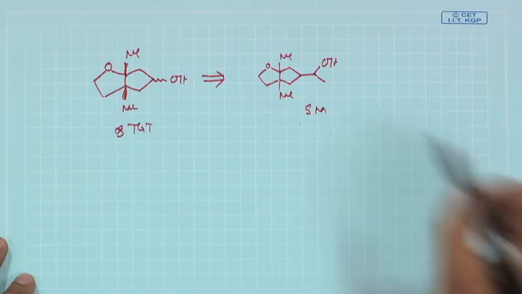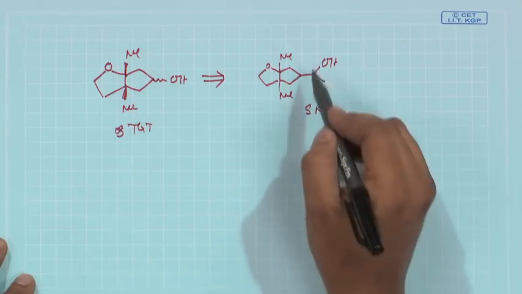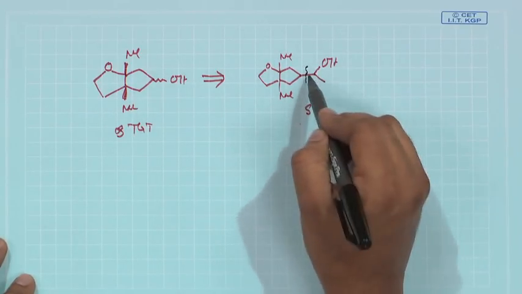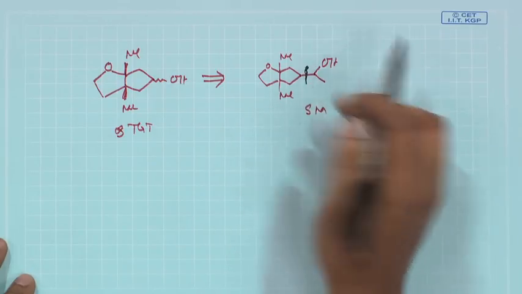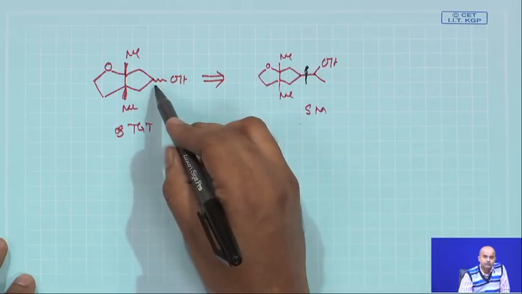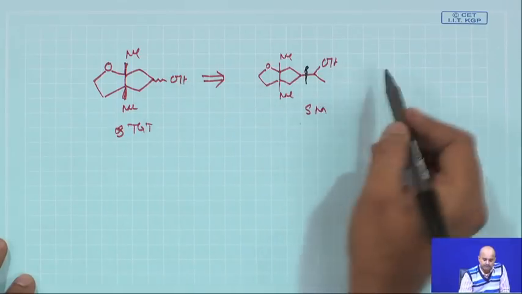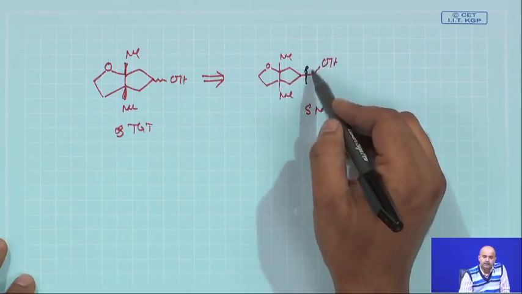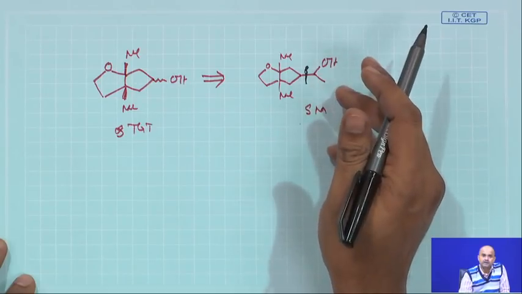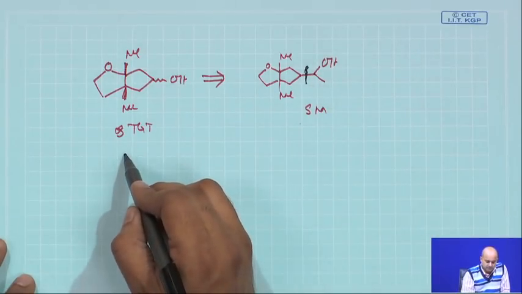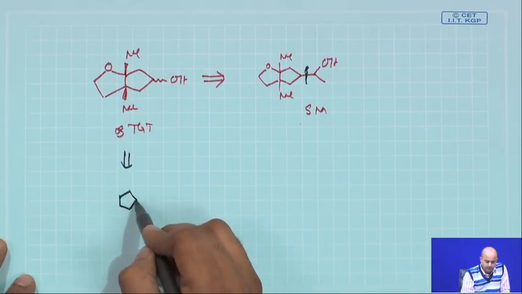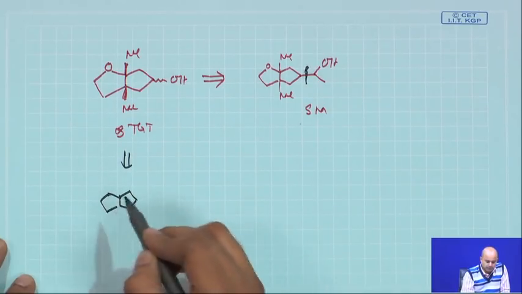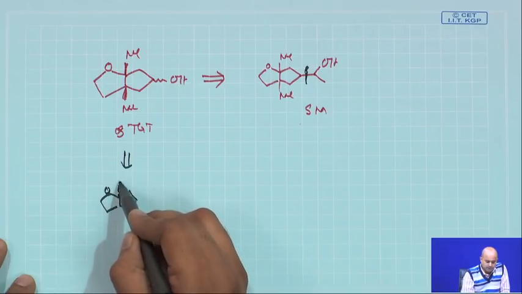Now, if you do a skeletal disconnection, you will find that the only thing is you need to remove something here, and you need to introduce an oxygen with this carbon. So, this part basically has to be vanished. Now, I will follow a very classical retro based on a very important reaction.